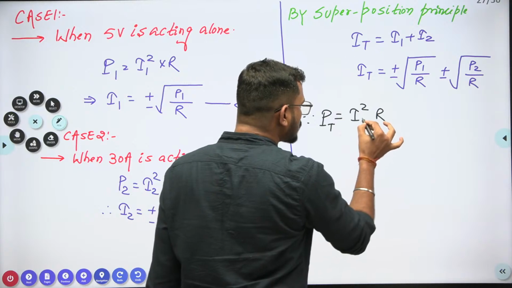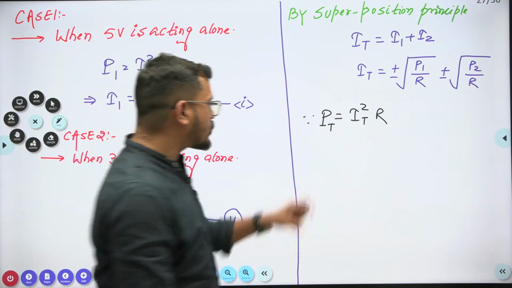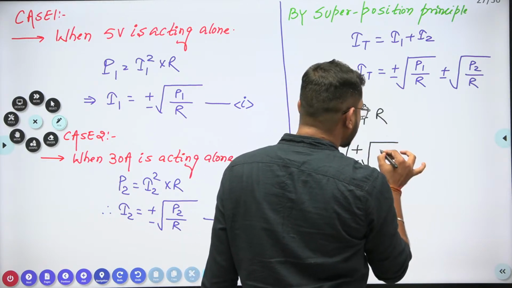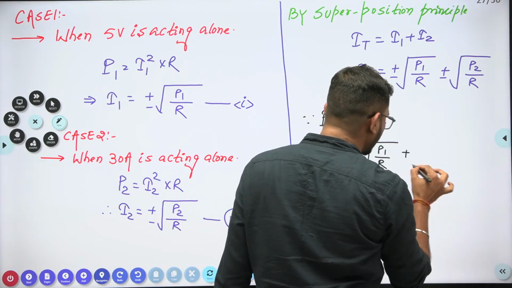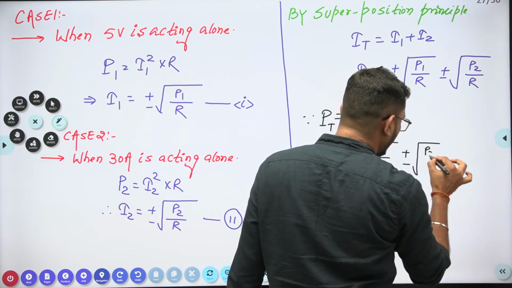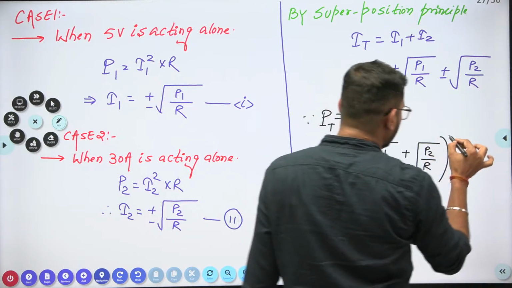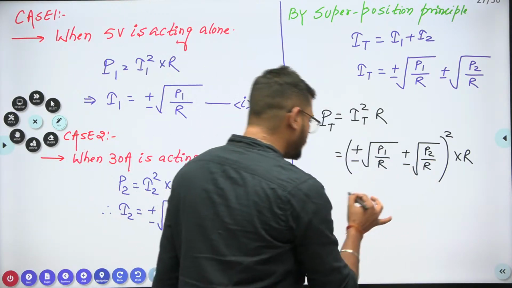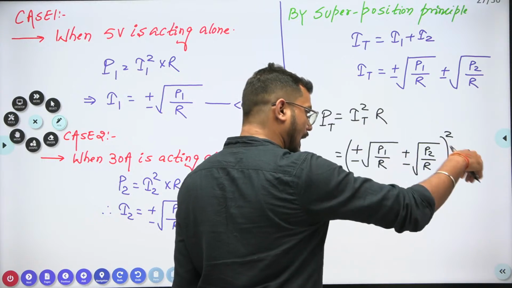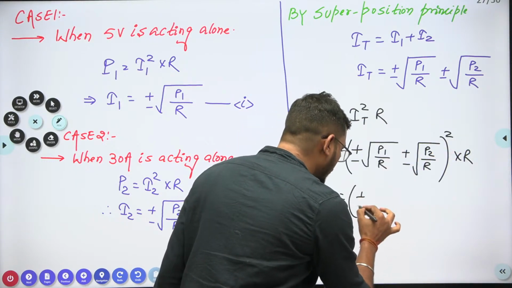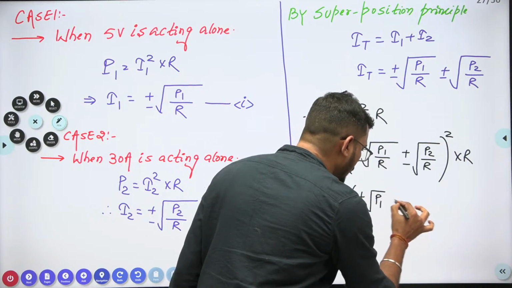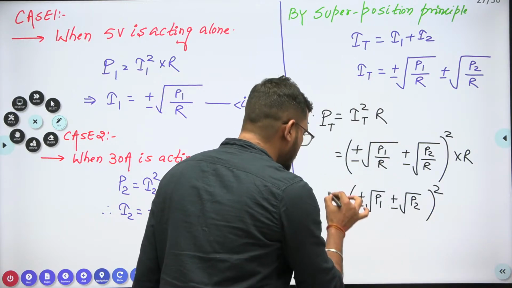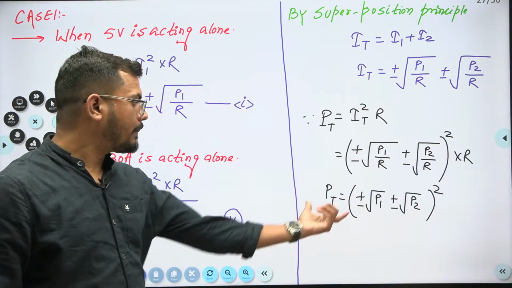So we can write total power is equal to total current square into R. Is it correct? Here the total current is plus minus root over P1 by R plus minus root over P2 by R, and the square of this into R. When you square this, you can take R common. So this is nothing but plus minus root over P1 plus minus root over P2, squared, and this is the total power across this resistor.